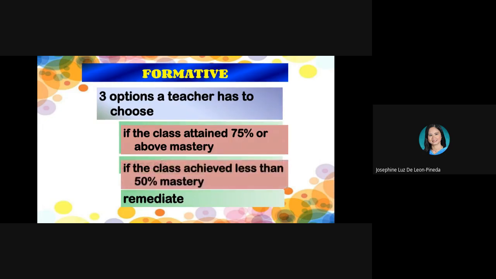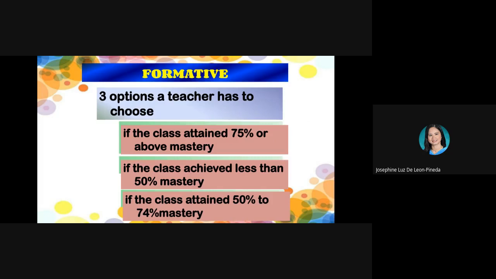However, if the class achieved less than 50% mastery, then you better reteach. And remediate if the class attained 50% to 74% mastery. So, ano ba tong remediate? When you say remediate, hindi mo kailangang ulitin lahat. Ang i-discuss mo lang ay yung kung ano ang importante or kung ano yung hindi nila nakuha dun sa test.